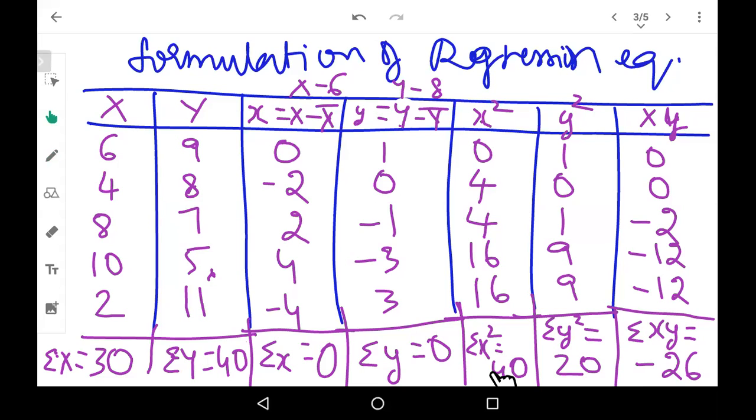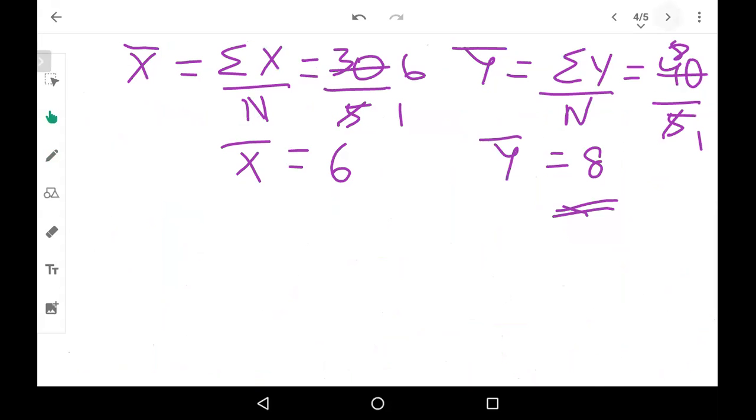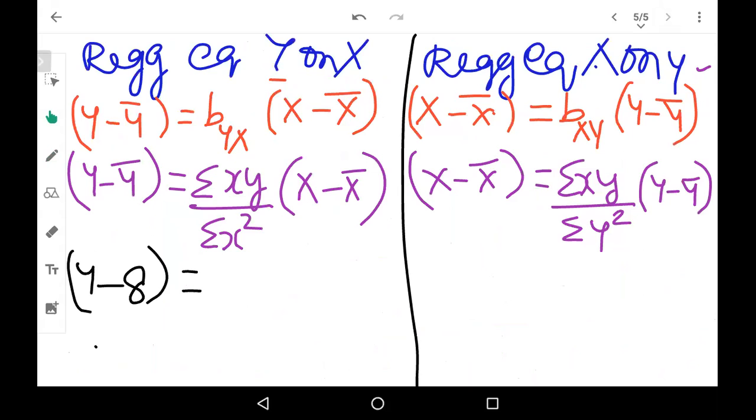X square is 40. Y square is 20. So sigma xy, minus 26, divided by x square, 40, into x minus x bar, which is 6. Okay, so whatever information I had in the problem, I have put it here.